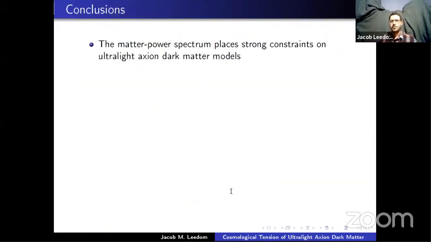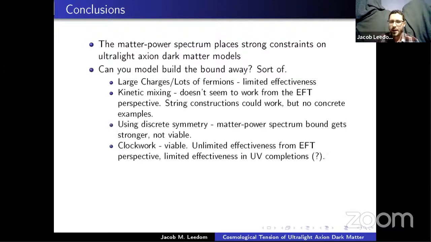All right, and so now I will conclude. In the first part of the talk, I discussed bounds from the matter power spectrum on ultralight axion dark matter models. And then we asked the question, can you model build out of these bounds, or at least to some extent? And the answer is that for some strategies you can and some you can't. Large charges or lots of fermions is of limited effectiveness.